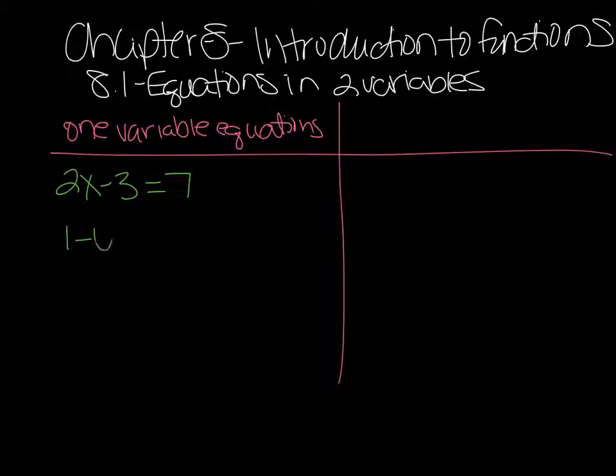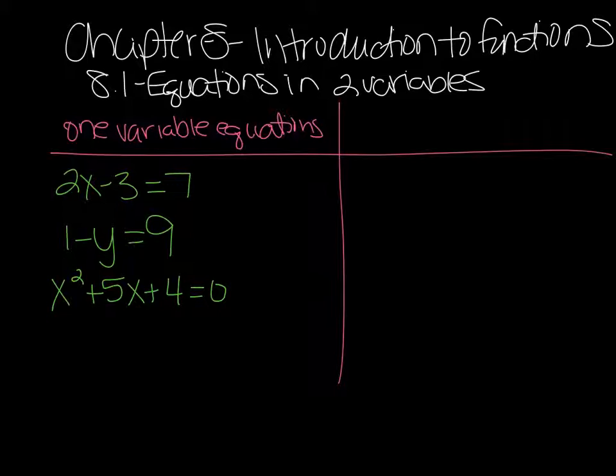Or 1 minus y equals 9. Once again, it's a different variable, but it's still a 1 variable equation. Or even when we went to Chapter 5, maybe x squared plus 5x plus 4 equals 0. So I have an x squared, it's a little more complicated, but it's still just an x, right?